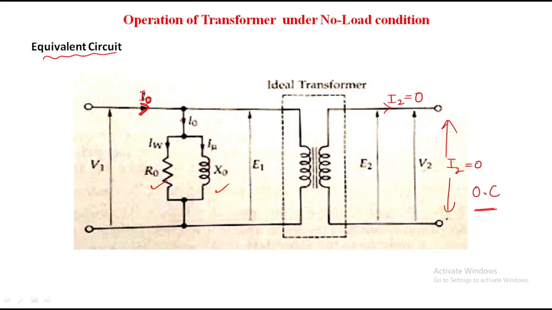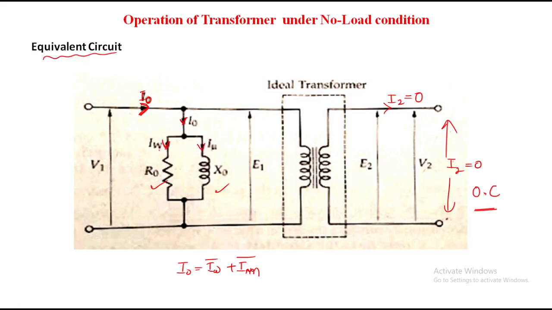I naught can be split into what? Two, IW and I mu. We all know that I naught is the perpendicular addition or vector addition of IW and IM.